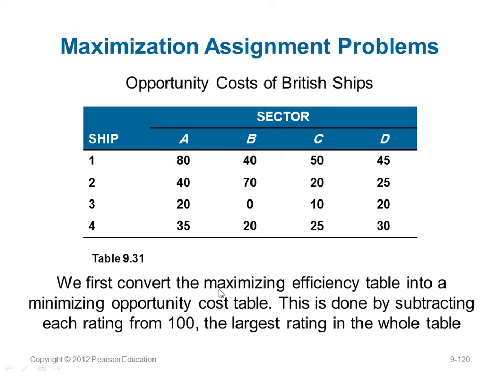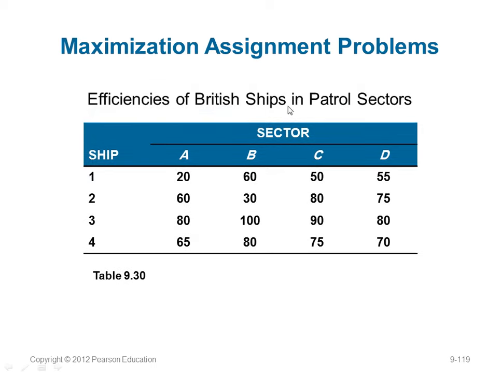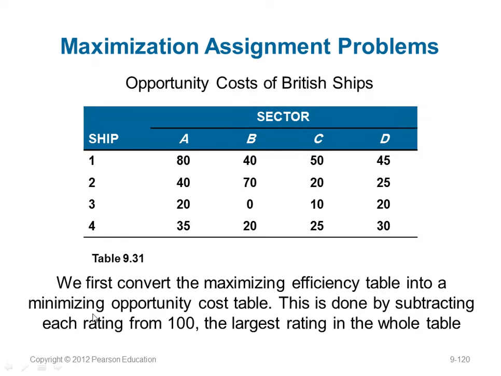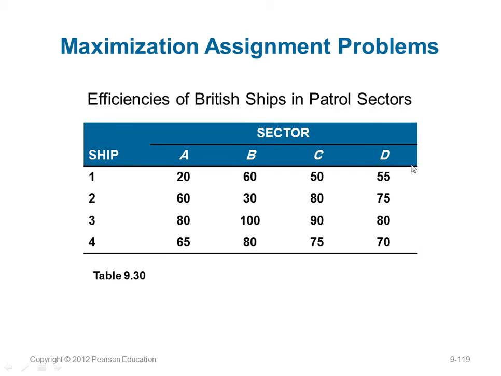Again, we need to convert the maximization table into what is called a minimizing opportunity cost table. We want to follow the minimization approach with the maximization. So to do this, we have to convert the given table because this is a maximization problem. So how to do it? Take the largest number from the table.